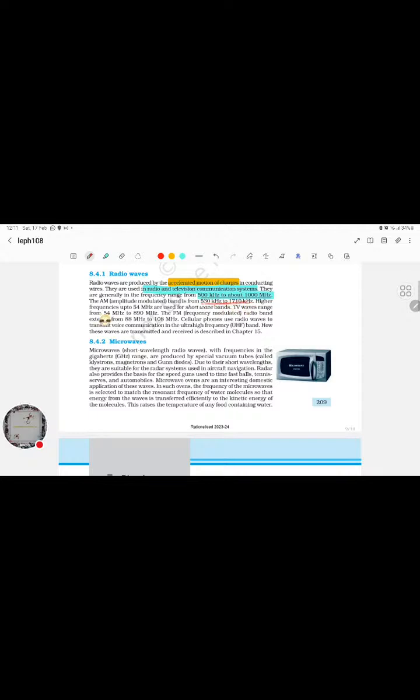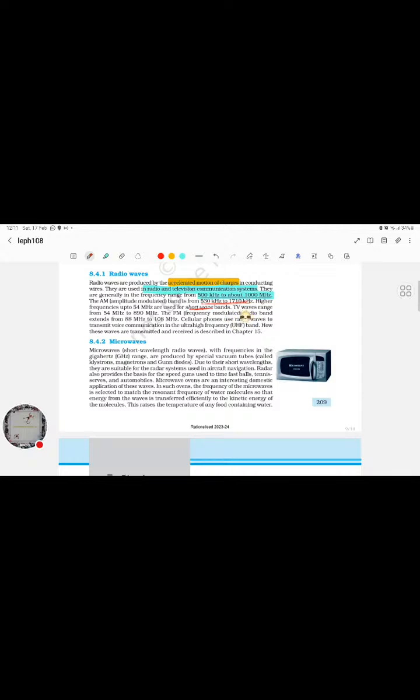And the higher frequencies up to 54 megahertz are used for short wave bands, because the higher the frequency, the lower the wavelength, hence it's called a shorter wave band.